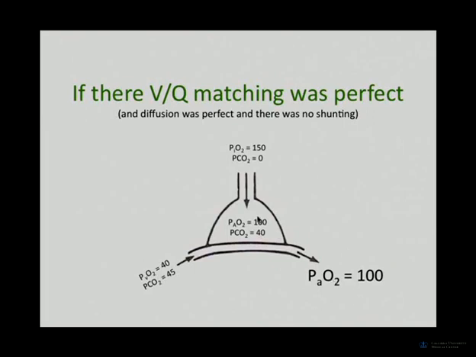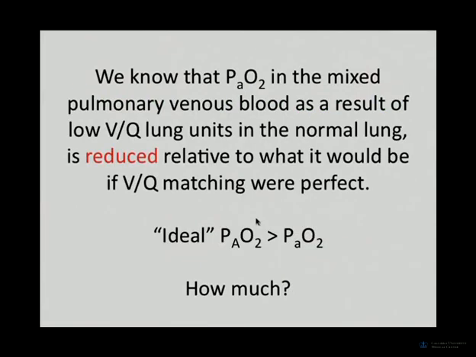We would measure a PaO2, an arterial concentration of oxygen that was the same as this alveolus. But what we find is that that's not the case.